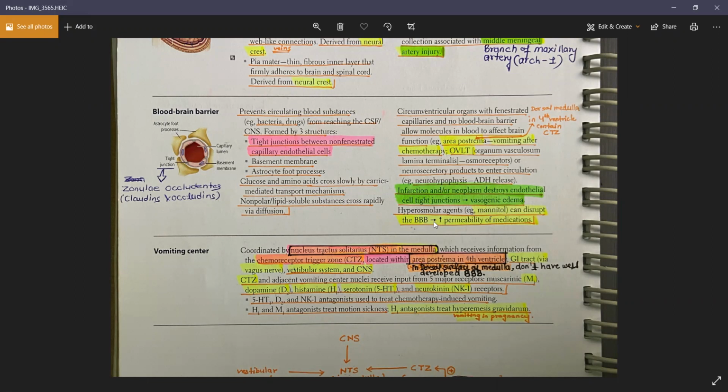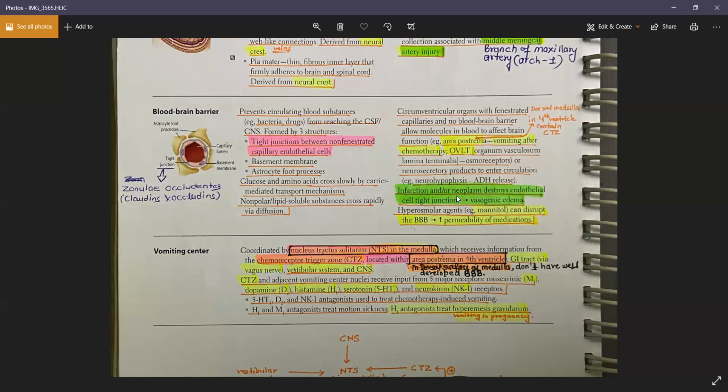Now, after that, you need to know about two types of edema. One is the vasogenic edema, and second is the cytotoxic edema. Whenever you have an infarction or a stroke, when the cell dies, you will always have an increase in the intracranial pressure, or the cellular edema, or the cerebral edema, we say, right? That type of edema is known as the cytotoxic edema. The second type of edema occurs whenever the blood-brain barrier gets damaged.